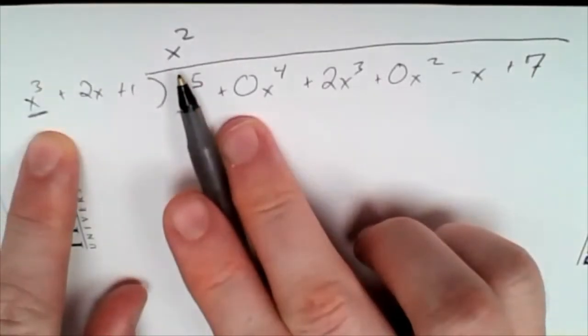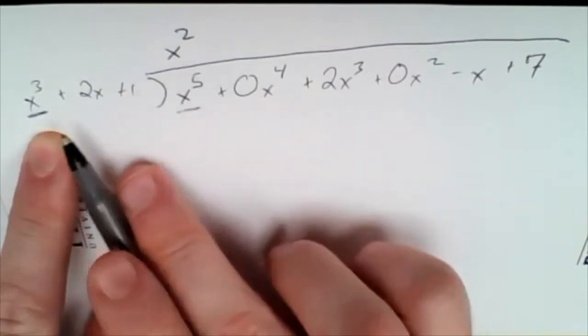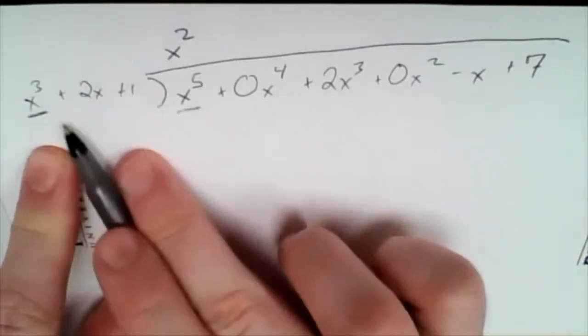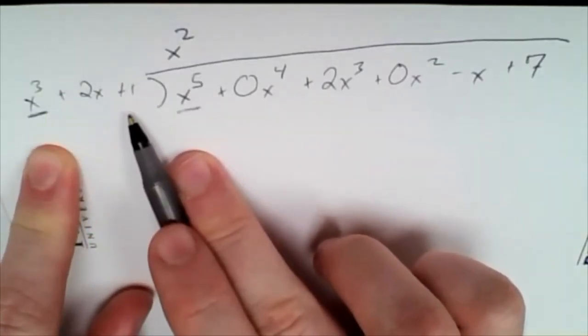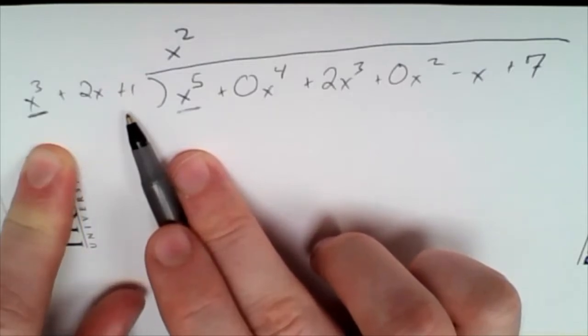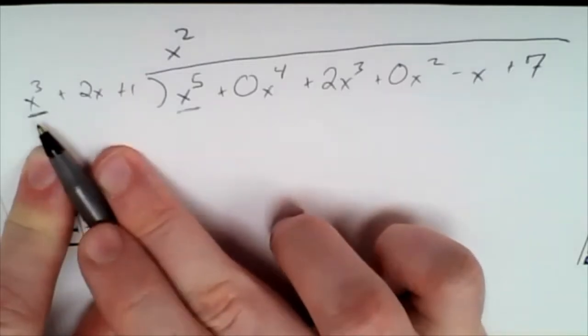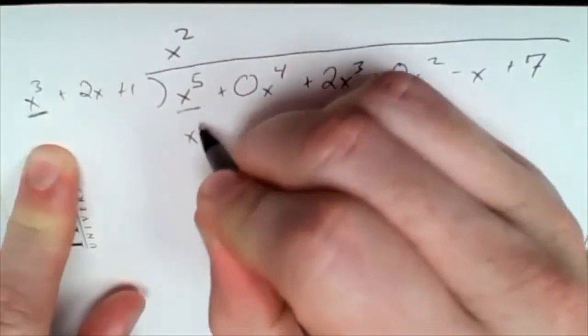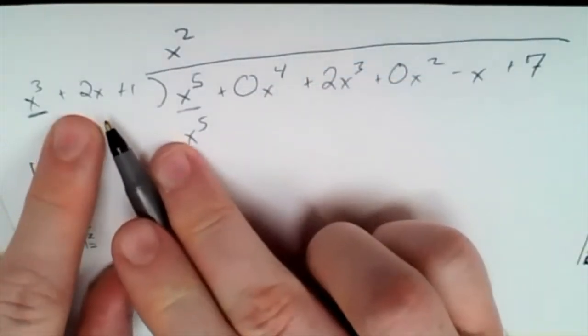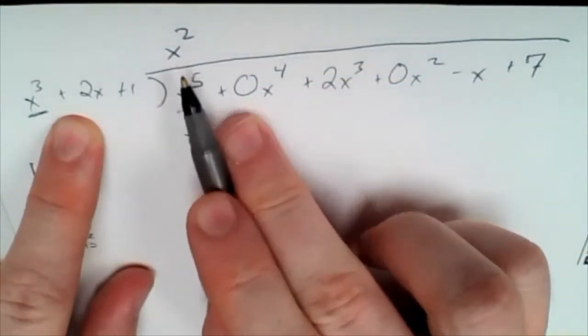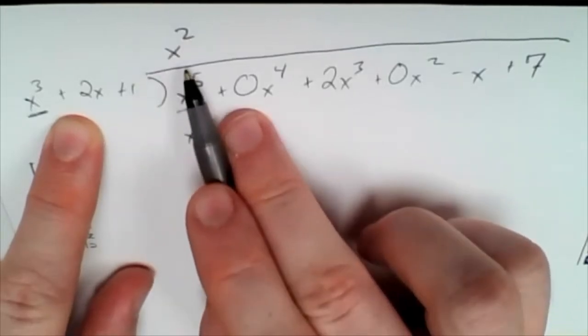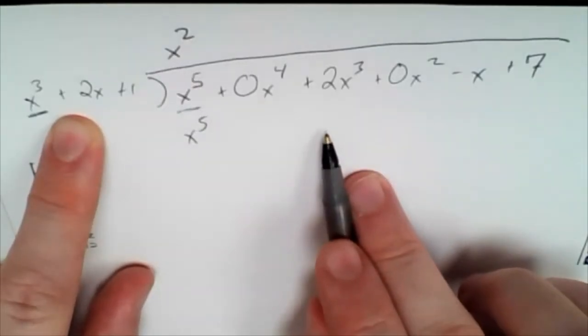And now I'm going to multiply this x squared by everything here in my denominator. And what do I get? X cubed by x squared is x to the 5. 2 times x by x squared is 2x cubed. So that's going to end up going here.